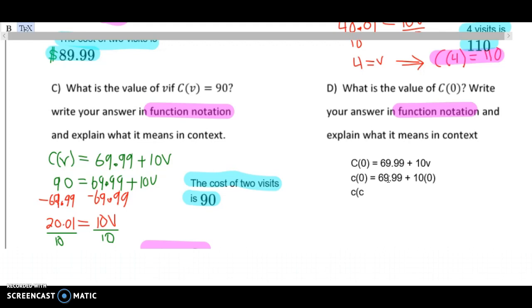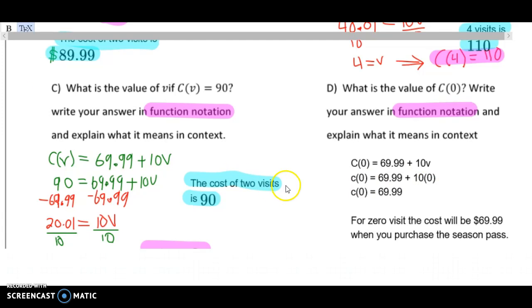Basically we'll get C of 0, oops, not C of C. C of 0 is equal to 69.99. 10 times 0 is basically 0. And what this means is that for 0 visits, the cost will be $69.99 when you purchase the season pass.